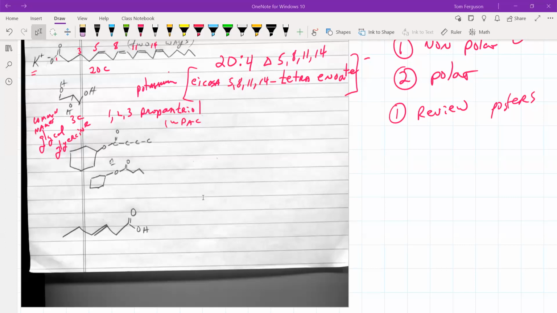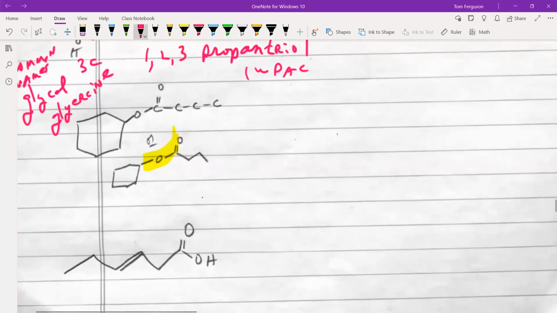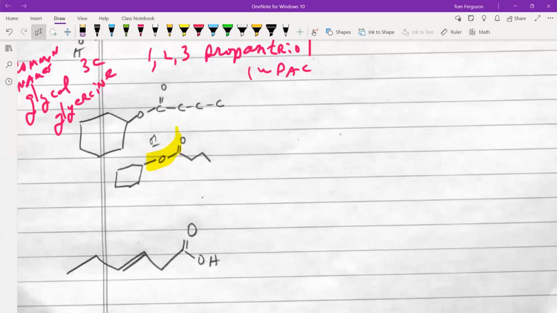All right, let's continue on here. We have another ester here. How do I know it's an ester? Get this guy here. And this is going to be the acid side, alcohol side.